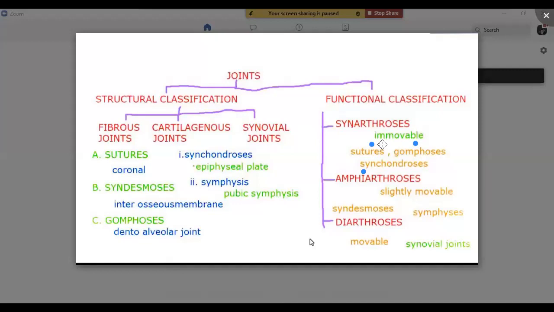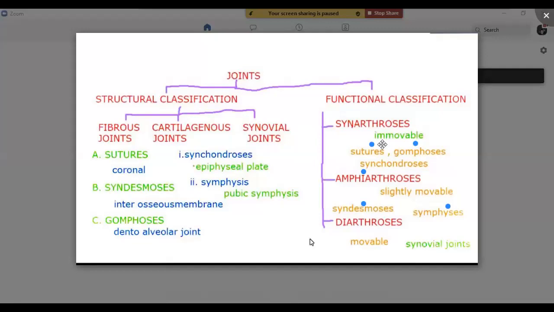Slightly movable amphiarthrosis includes syndesmosis, which is the interosseous membrane and is slightly movable, and the pubic symphysis. These two are amphiarthrosis.